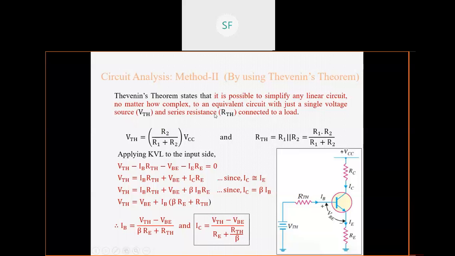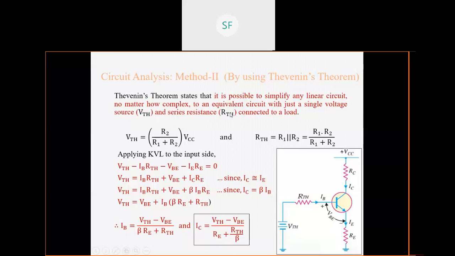So its meaning is, if in your circuit there are multiple voltage sources or multiple resistances and it is a very complex structure, बहुत ज़्यादा वोल्टेज सोर्स भी है, सपोज एक से ज़्यादा है ना, और रेजिस्टेंस भी बहुत ज़्यादा है, तो थेवेनिन थ्योरम क्या बताता है कि you can find out an equivalent circuit in which there will be only one voltage source, that will be VTH, and only one resistance in series with the voltage source, that is RTH.